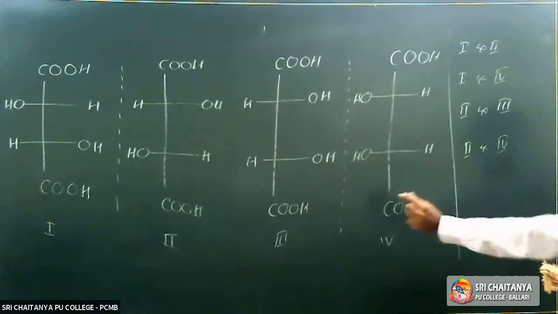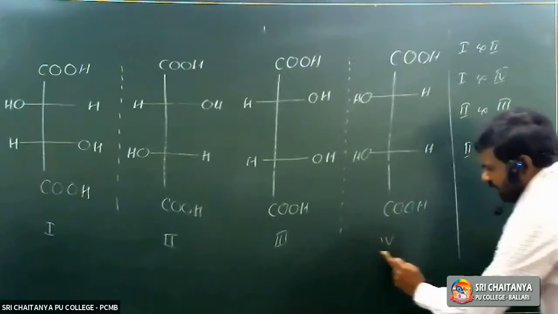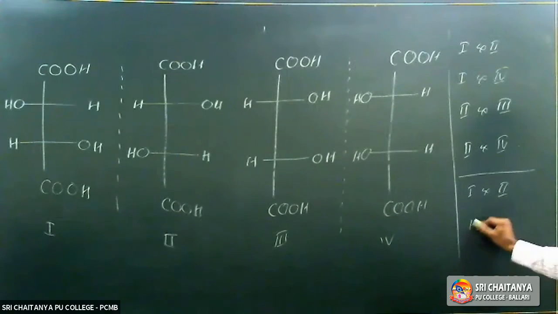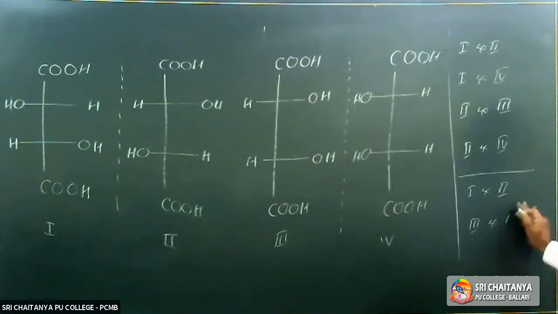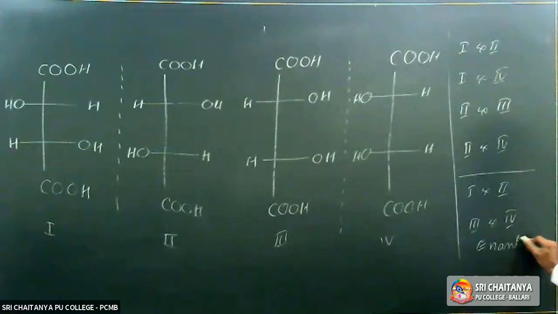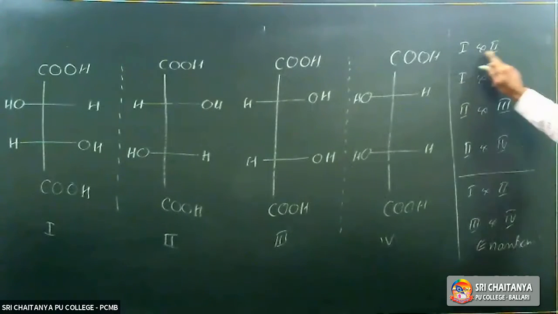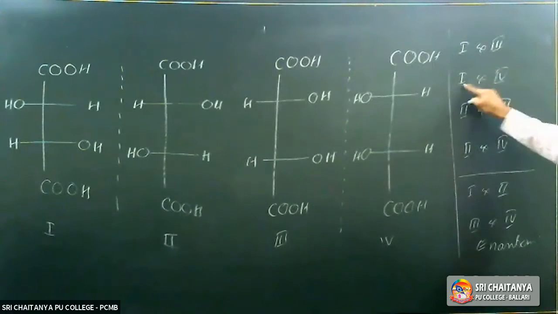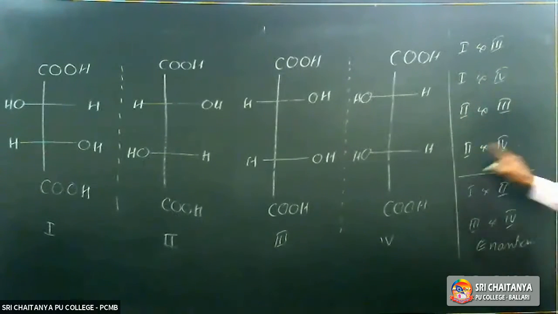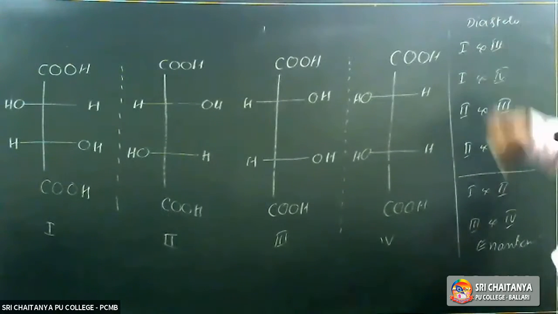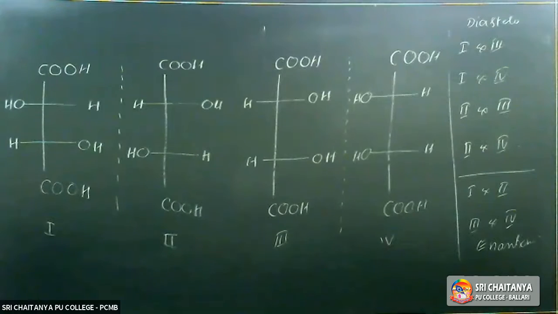So 1 and 2 are enantiomers. 3 and 4 are enantiomers. Next, 1 and 3, 1 and 4, 2 and 3, 2 and 4 are diastereomers, because they are not mirror images and they are not superimposable.